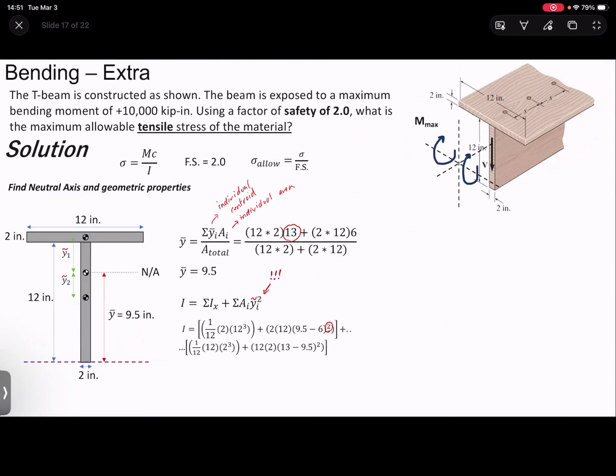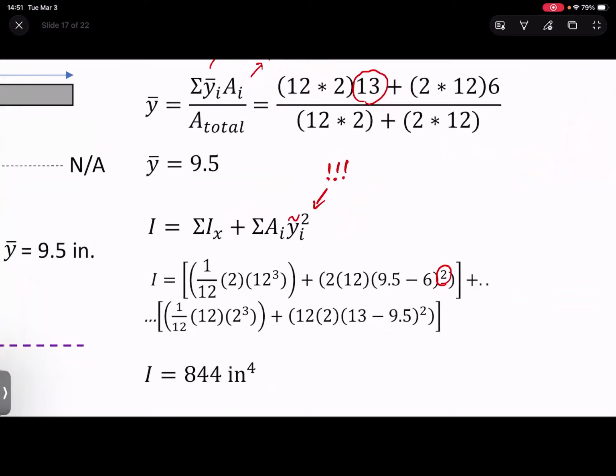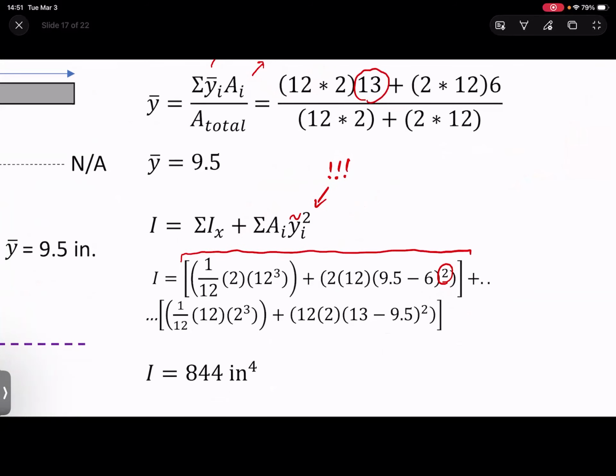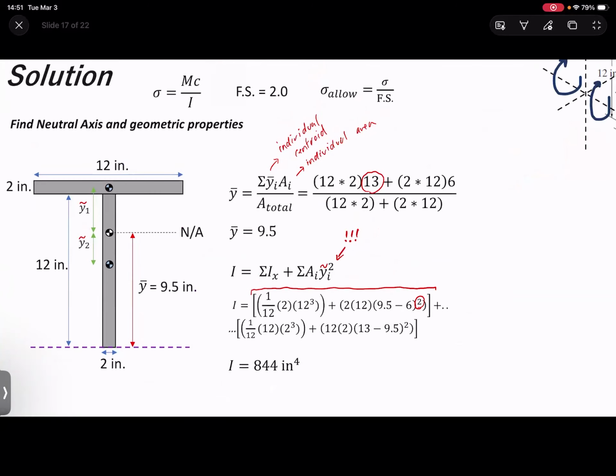So I suggest going through this and making sure you understand how to get this 844 inches to the fourth using the parallel axis theorem. Remember, all this is two rectangles. This is the bottom rectangle, and then this is the top rectangle of our T, because it's one half or base times height to the fourth.